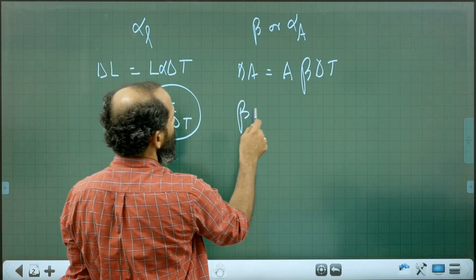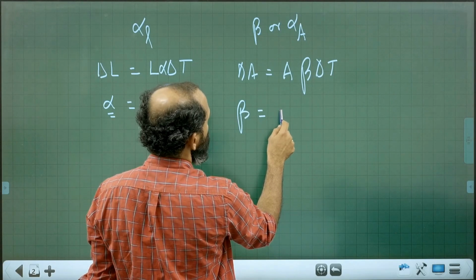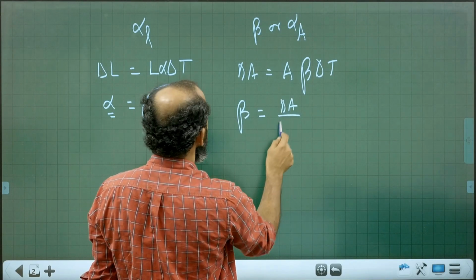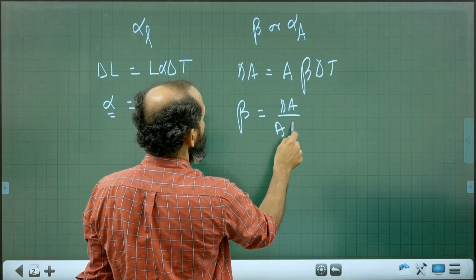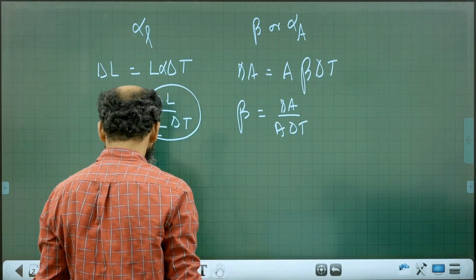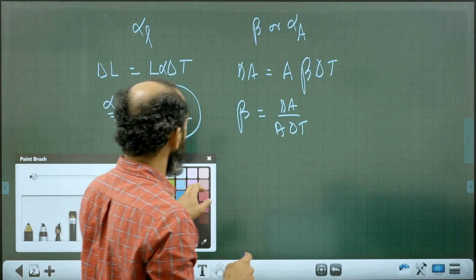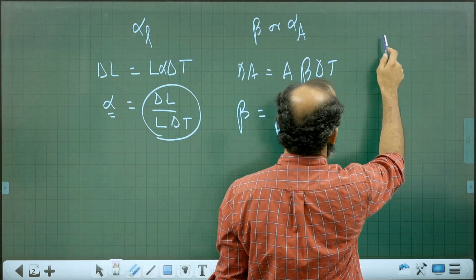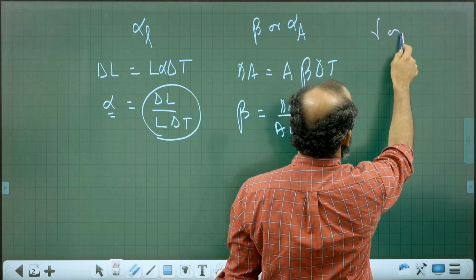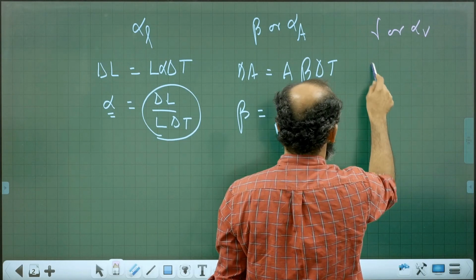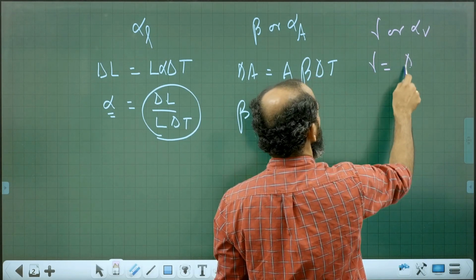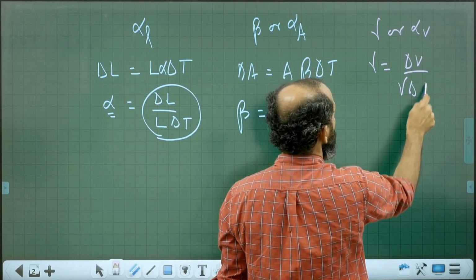Then beta or alpha A is equal to delta A divided by A delta T. Of the same kind, if the solid expands volumetrically, that may be gamma or alpha V. Therefore, gamma or alpha V equals delta V divided by V delta T.